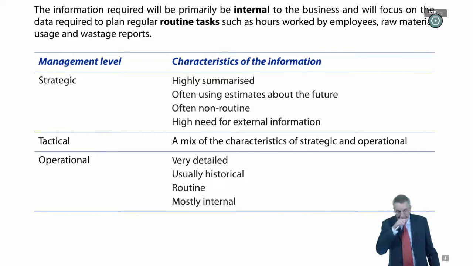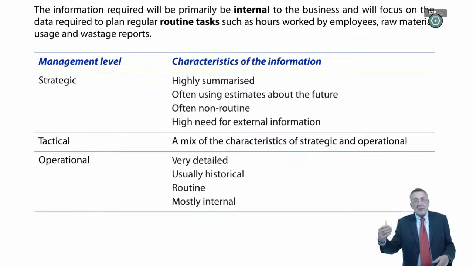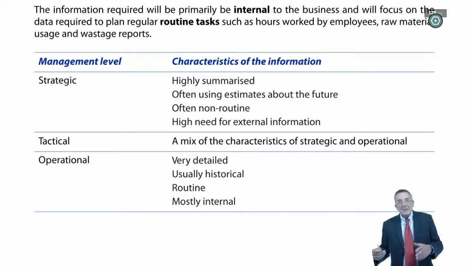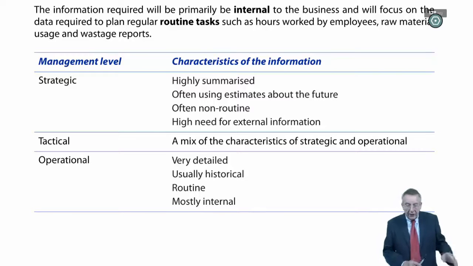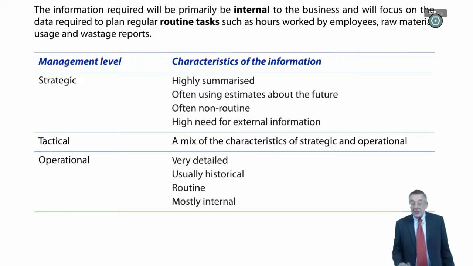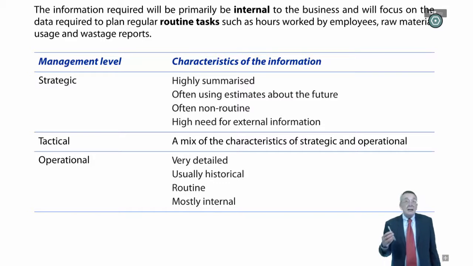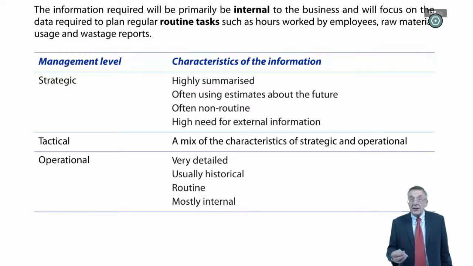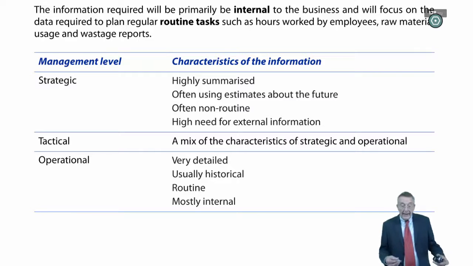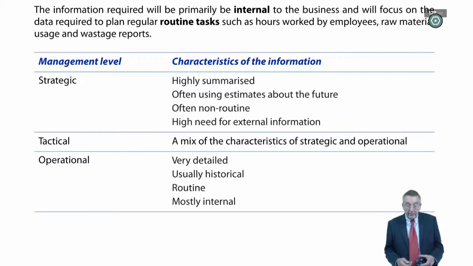Non-routine decisions about launching a new product, opening a new office, they're not decisions that tend to be repeated very often. The non-routine tend to be one-off decisions, and as I've already said, they're going to need a large amount of external information to help them make these plans.